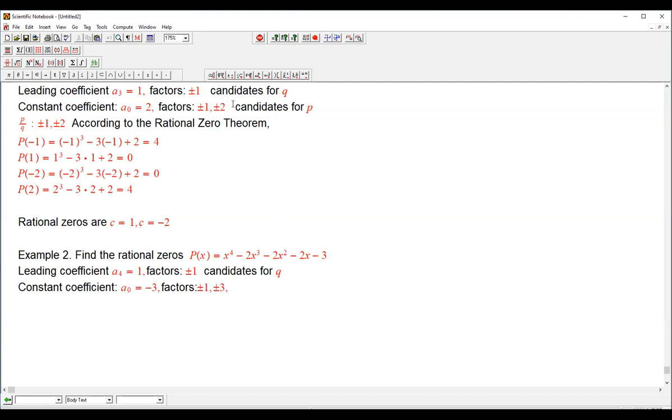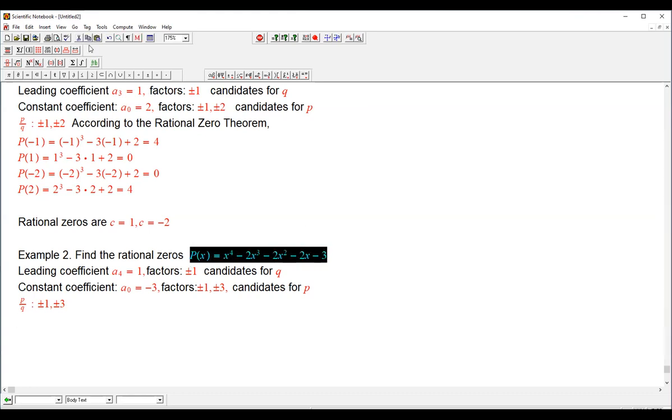These are the candidates for P. Now let's look at all possible values by doing P over Q. We take plus 1, minus 1 divided by plus 1, minus 1, so we have plus 1, minus 1, and plus 3, minus 3. We have 4 candidates for rational zero.